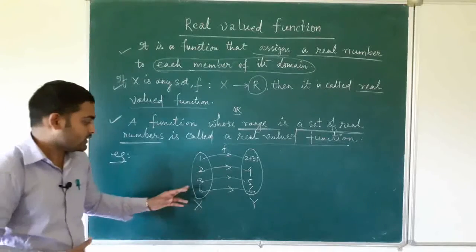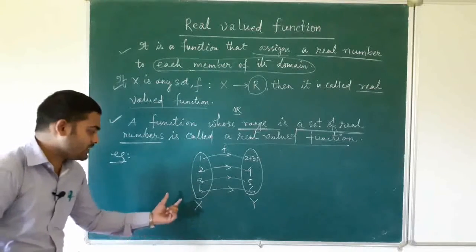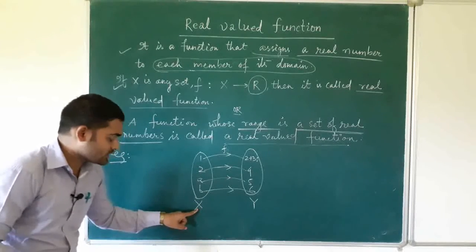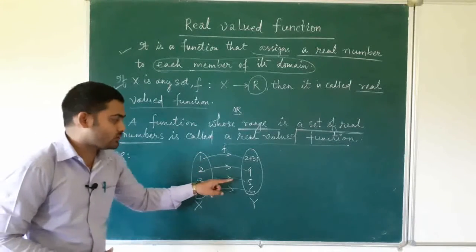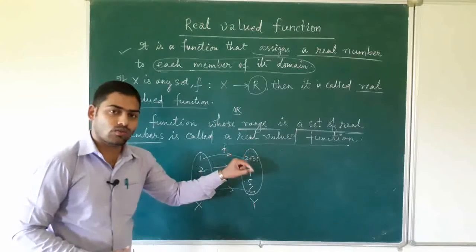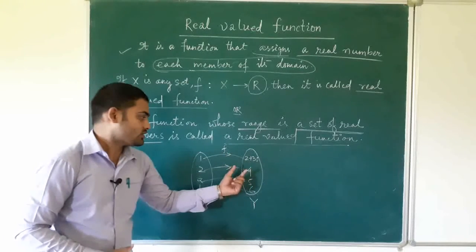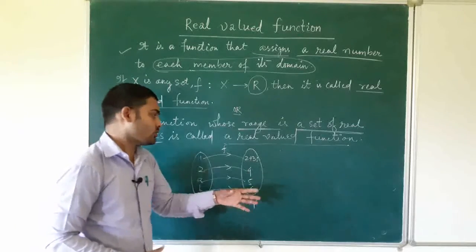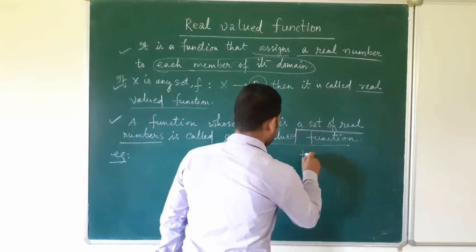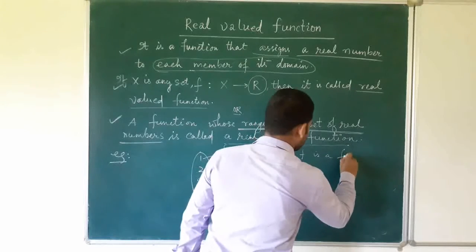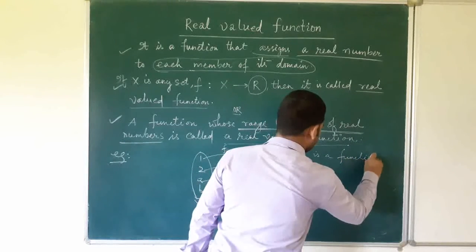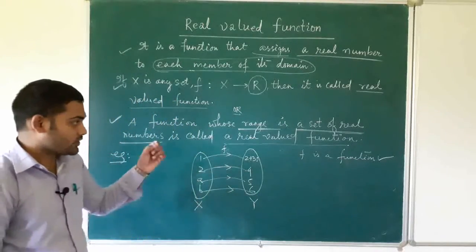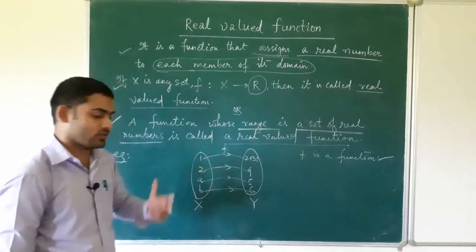Here you see every element of set X is related to exactly one element of set Y. So f is a function. Now we see the range of this function.